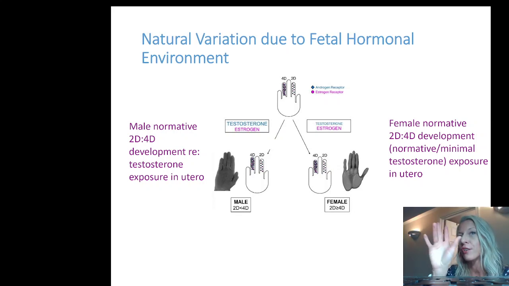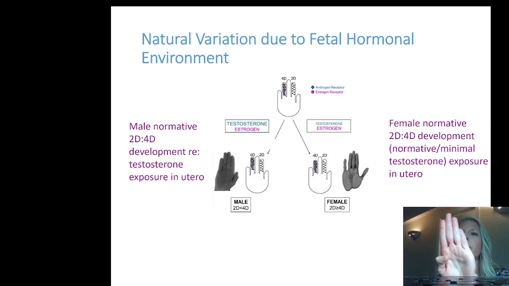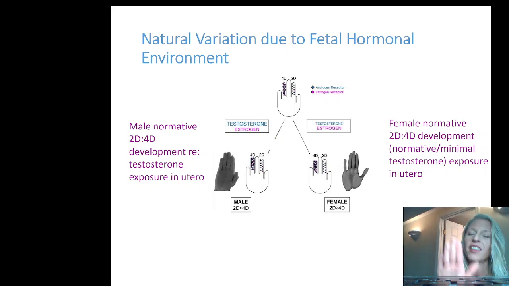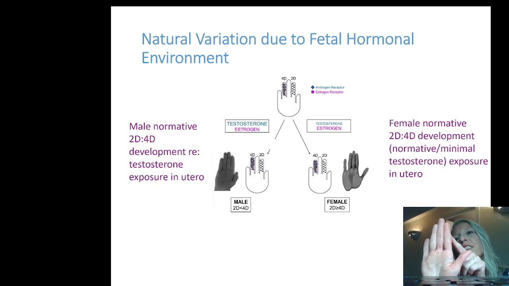Your 4D is your fourth digit, which is your ring finger. If you have the male type ratio, then your ring finger is longer than your pointer finger. If you have the female type ratio, your pointer finger is either the same length or longer than your ring finger.